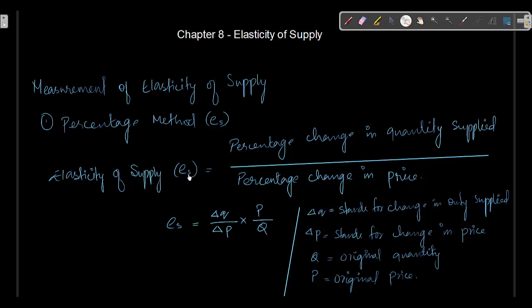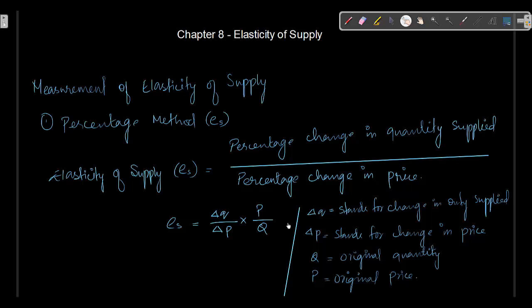So elasticity of supply, we can denote it as Es, equals delta Q divided by delta P into P by Q. So here delta Q stands for change in quantity supplied, and delta P stands for change in price, and the P and Q stand for original price and original quantity. I'll tell you how to find out delta P and delta Q as we start with the questions, right?